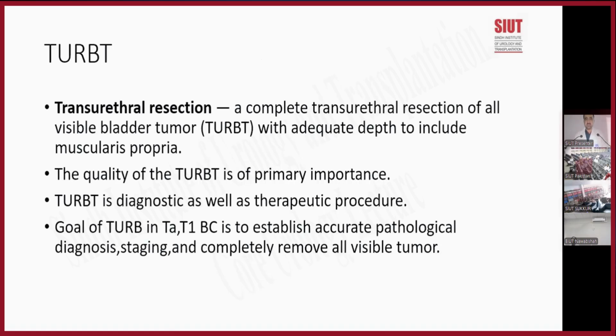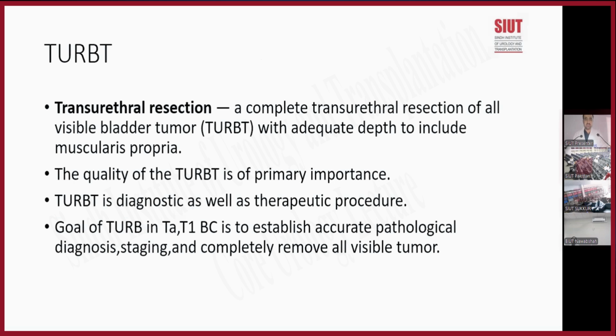TURBT is a complete transurethral resection of all visible tumor with adequate depth to include the muscularis propria. The quality of TURBT is of primary importance. TURBT is a diagnostic as well as therapeutic procedure.